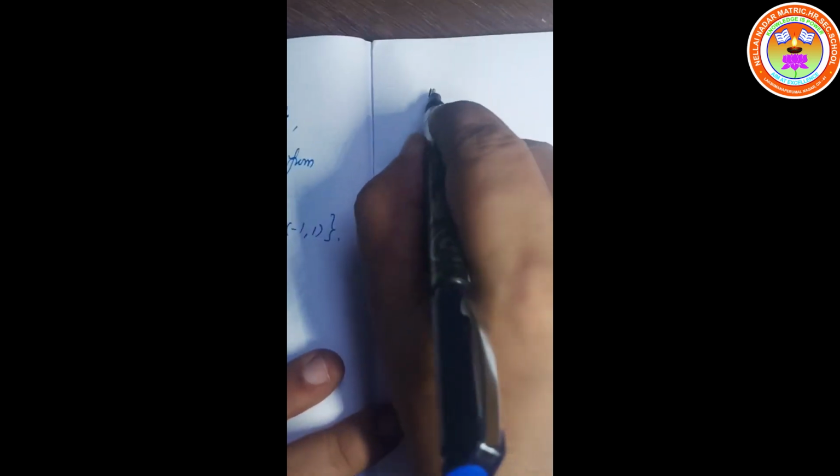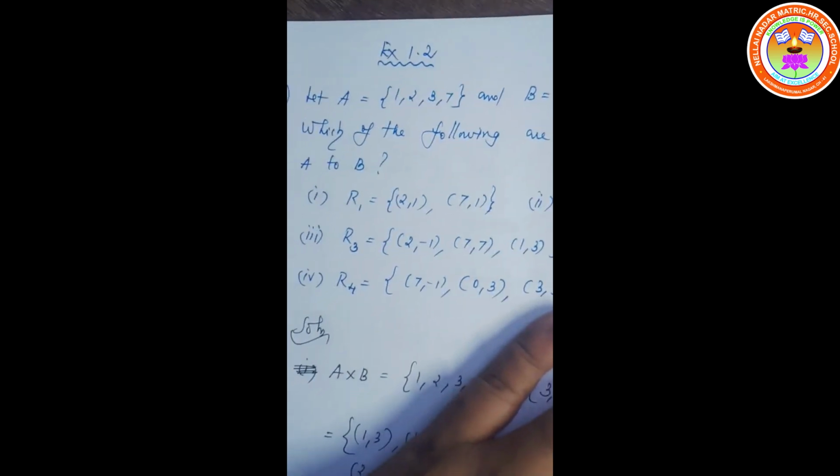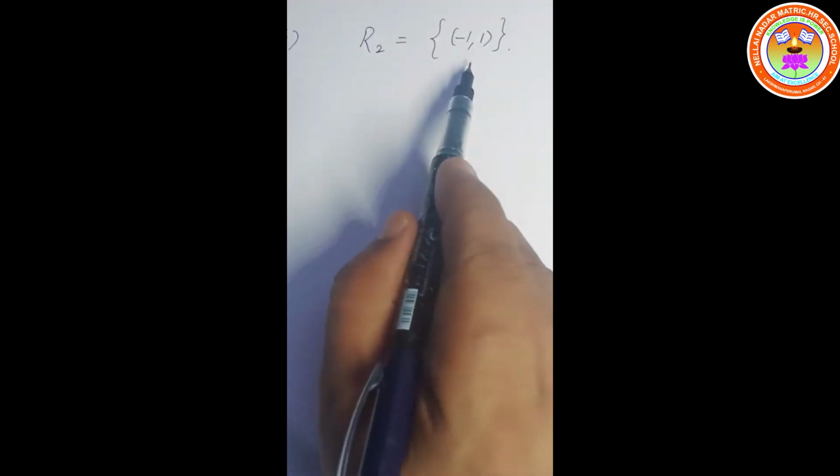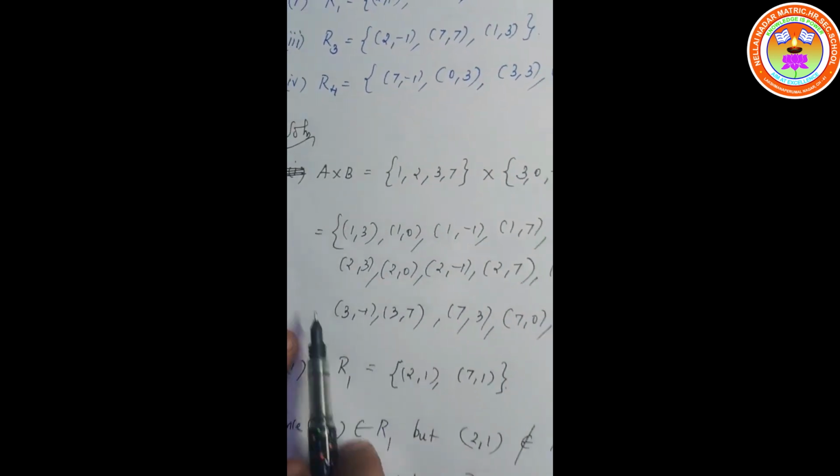Now, subdivision number 2. In subdivision number 2, you are given R2 that is equal to {(-1, 1)}. Okay. Only one element, (-1, 1). (-1, 1) is not in A cross B. Look at that. No such element. How to write?